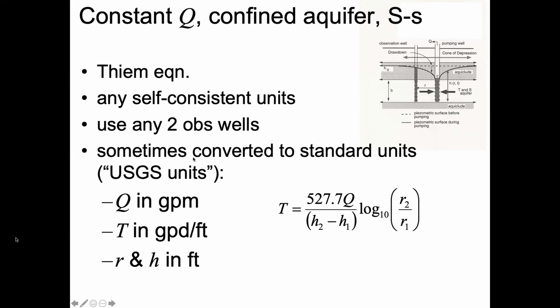If you see these USGS units, just remember that you have to alter the equation slightly to account for these changes: gallons per minute, gallons per day over feet, and then feet. And you'll see this for a couple of different types of equations, that there might be slightly different usage when it comes to a group like the USGS.